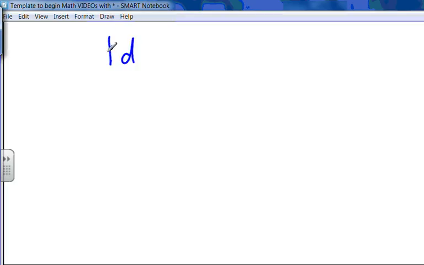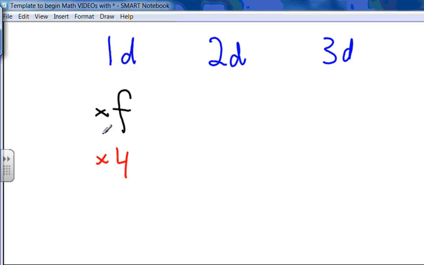So in 1 dimension, in 2 dimensions, in 3 dimensions, to get from the small cube to the large cube, we'll multiply by the linear scale factor. We could call it f. In the case we just did, that was times 4. Again, to get from the small cube to the large cube, if you're in 2 dimensions, you'll have to multiply the area times f squared.